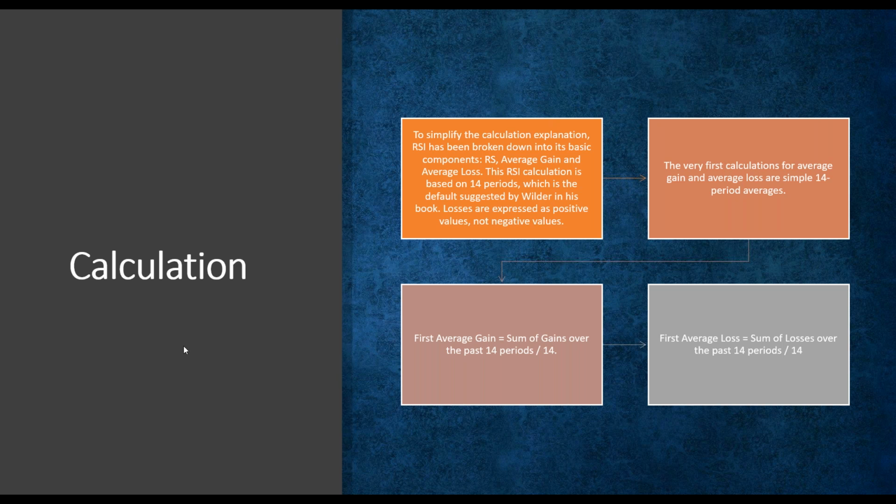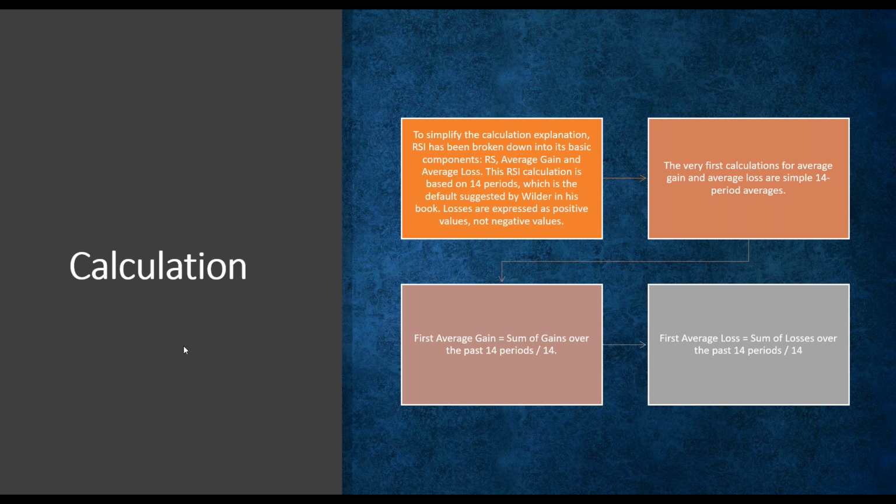To simplify the calculation explanation, RSI has been broken down into its basic components. RS is the average gain and the average loss. The RSI calculation is based on 14 periods, which is the default suggested by Wilder. The very first calculation of the average gain and average loss are simple 14 period averages.